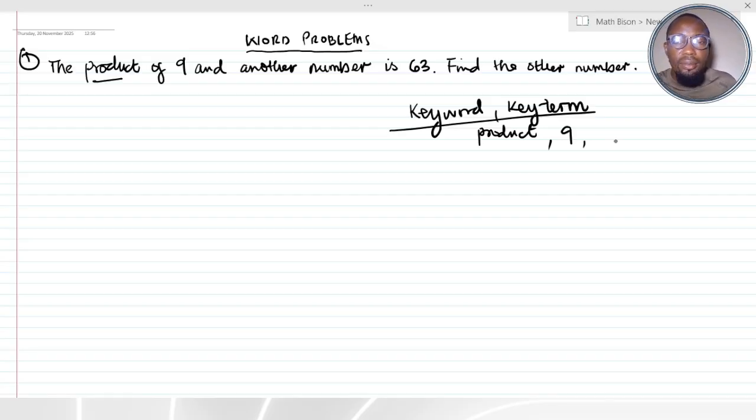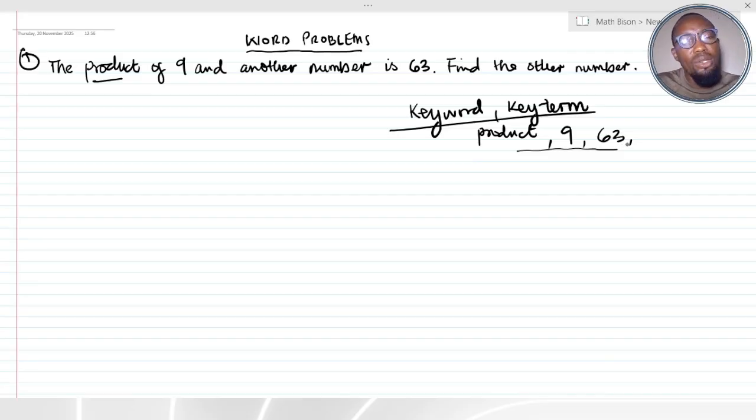It's still the same idea. 63 is also a keyword here, and if you change 63, it affects the answer. Now, whatever we do today, we need to put these three keywords in mind and make sure that we don't mix them up or change them in any way.